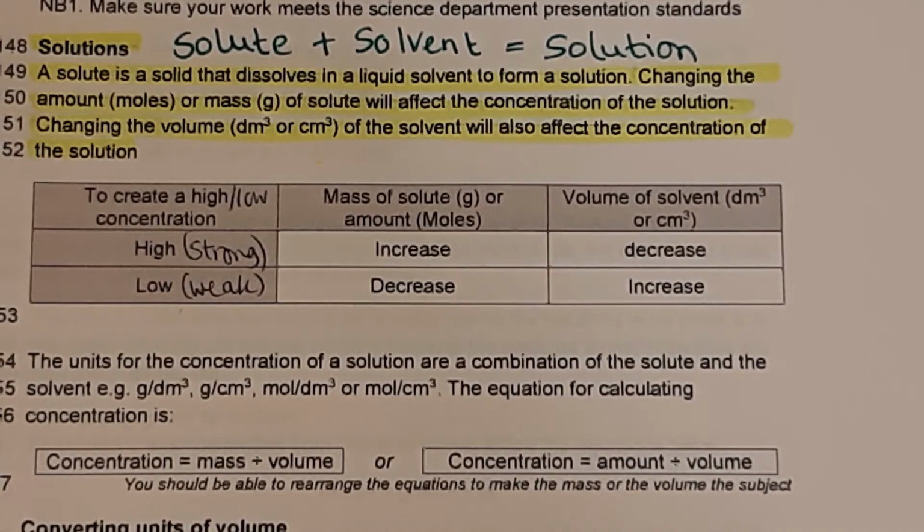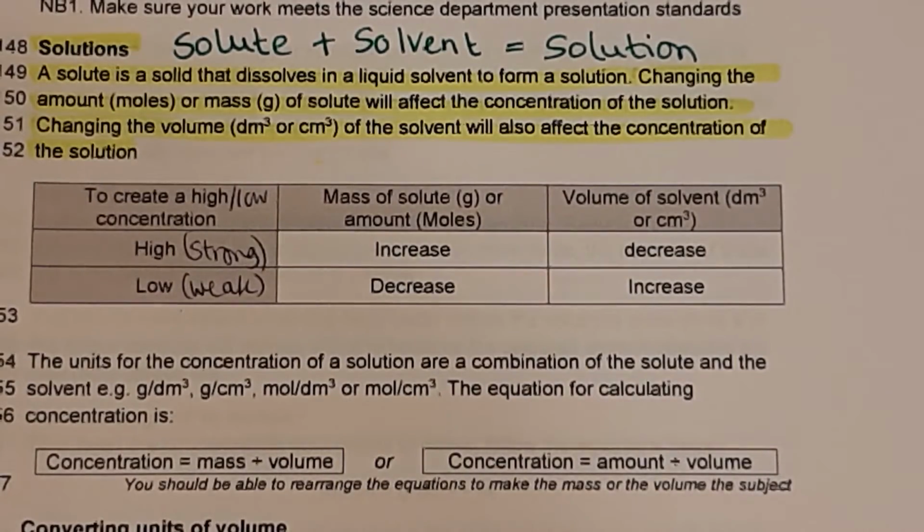The units for concentration of a solution are a combination of the solute and the solvent. So it's either grams per decimeter cubed or grams per centimeter cubed, or sometimes we measure it in moles, so moles per decimeter cubed or moles per centimeter cubed.